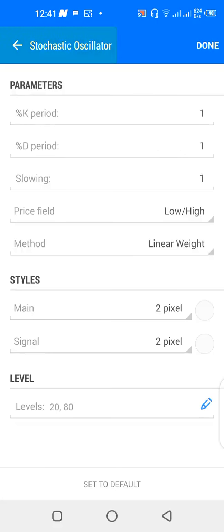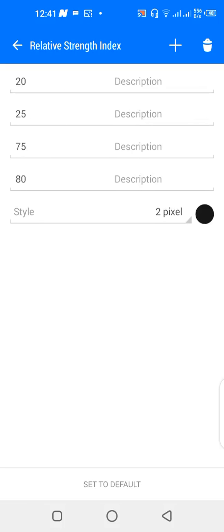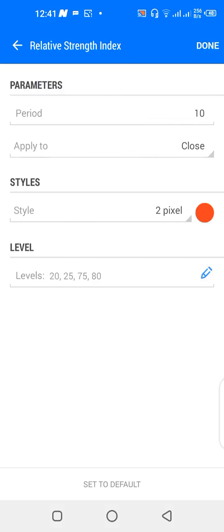Color is black. Now next is the relative strength index. Period is 10, applied to close, color is red. And let's look at the levels. We have 20, 25, 75, 80, and the color is black.